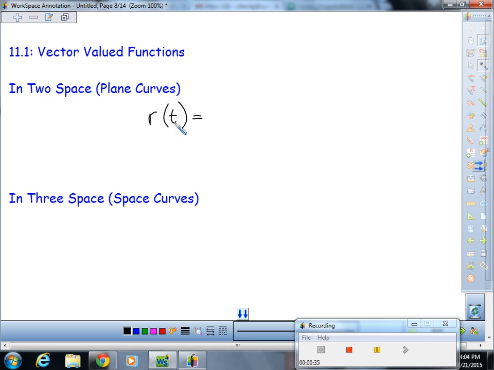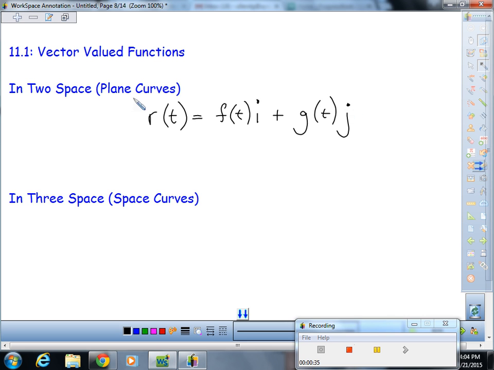So, often in two-space, you will see it written like this. r of t equals f of t i plus g of t j. So what are we talking about?